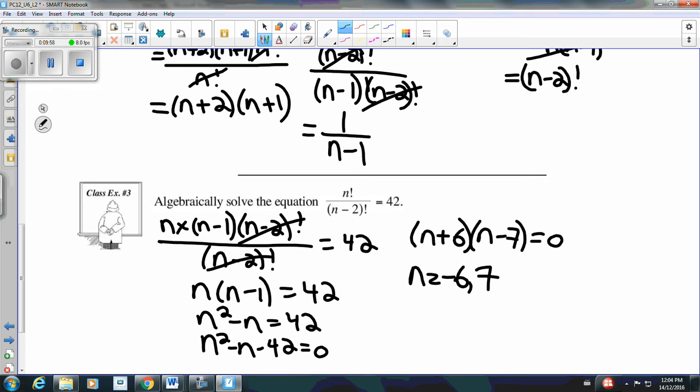However, we know that we can never have a factorial using a negative because n is a natural number here. So since n is a natural number, we can get rid of negative 6, so n is 7. We can't take the factorial of a negative number, so we have to eliminate negative 6.